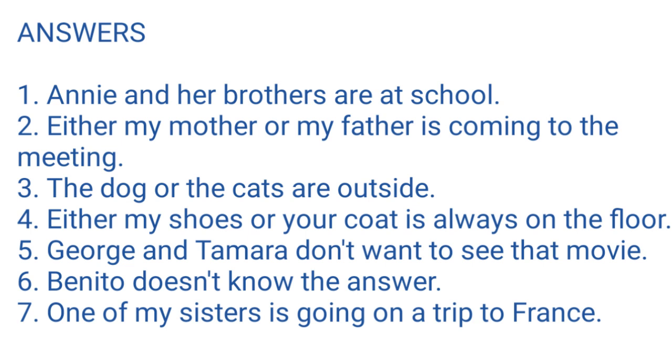Next one, the dog or the cats are outside. We used are here. What's the reason? The dog and the cats are the subjects, but one of the subjects is singular and the other one is plural. So in this case, what should be done? We should consider the subject which is near the verb, because it is connected by using or.